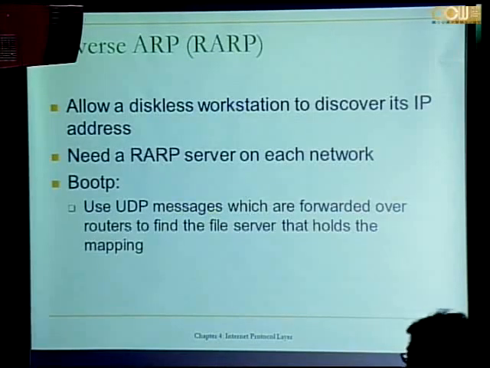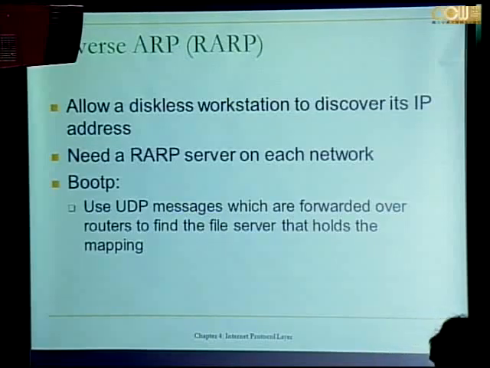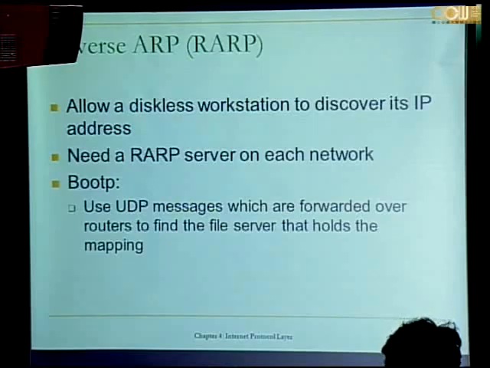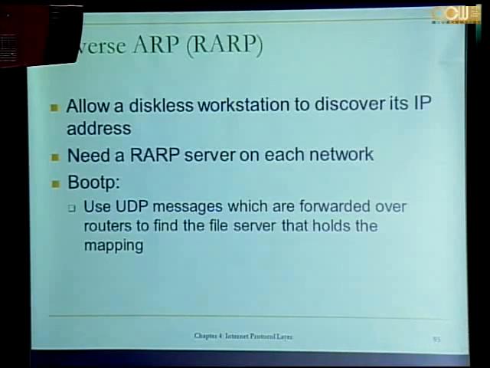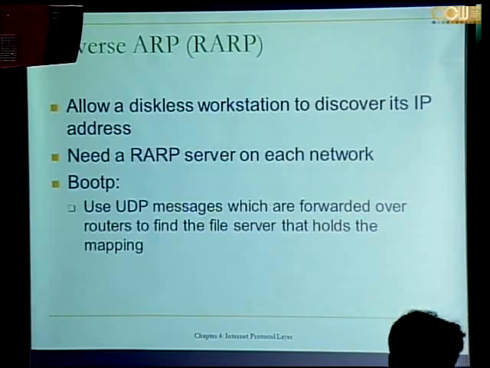There should be a server who has my IP address. So I would send an RARP request, which is also a broadcast frame, asking, here's my MAC address, and who has my IP address? Please tell me my IP address. So this RARP server will then reply with the IP address, and then I would be able to know my IP address.